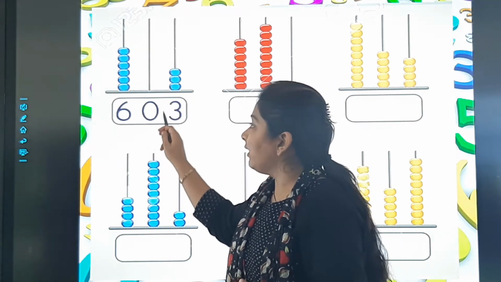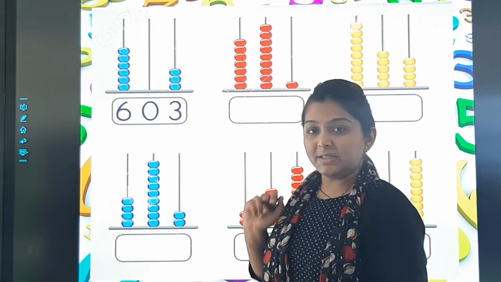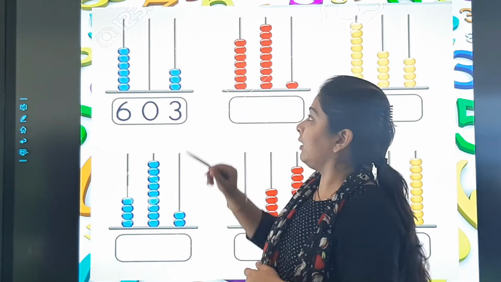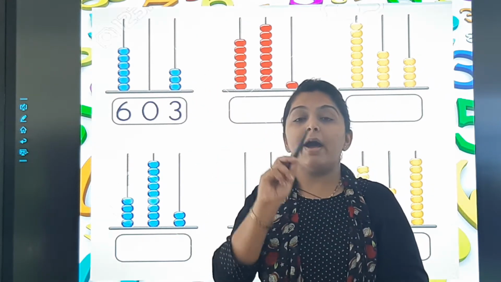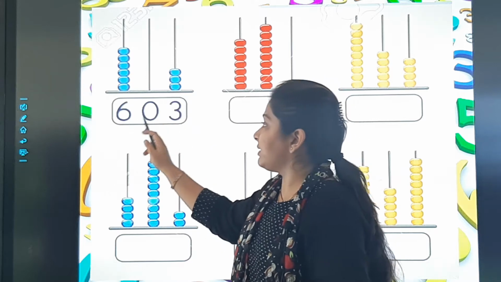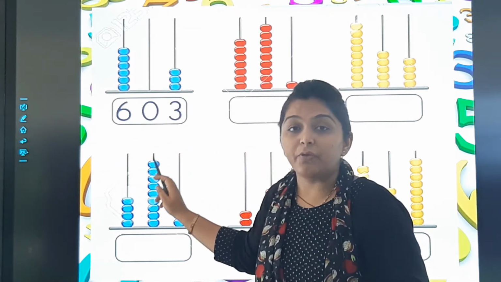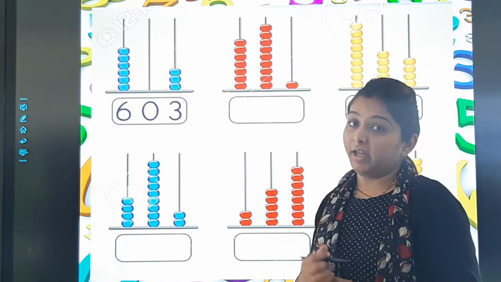You will write 0. Then at the ones place, how many beads are there? 1, 2, 3. So we'll write number 3 dear children. So what will be your number? That is 603.